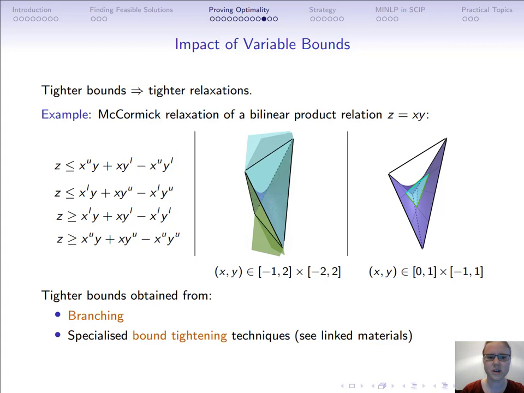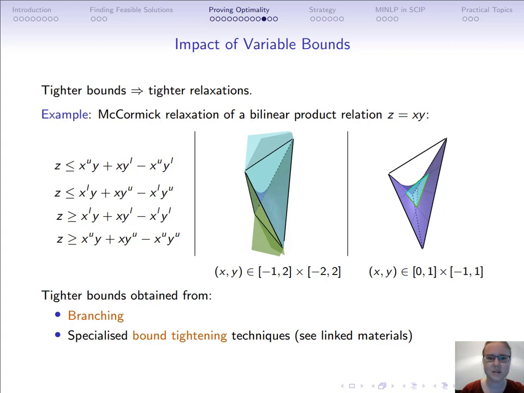This relaxation is given by 4 linear inequalities, 2 underestimators and 2 overestimators. And if you look at the formula, you can see that these inequalities depend strongly on the bounds. And this is also illustrated by the figures. You can take a moment to compare the two figures and see the difference.